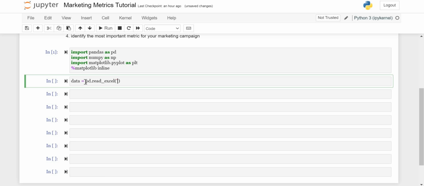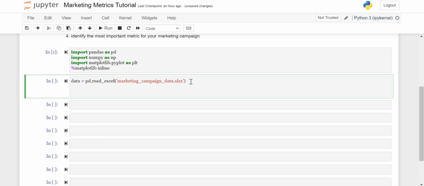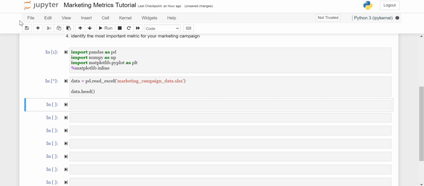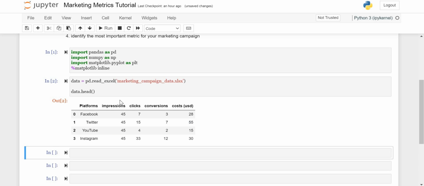Then the name of the data is marketing campaign data. Okay, so let's try to view the first 5 rows. Okay, let's see what we have. So this is what we have in our data.